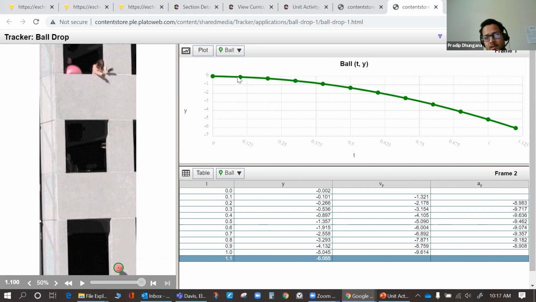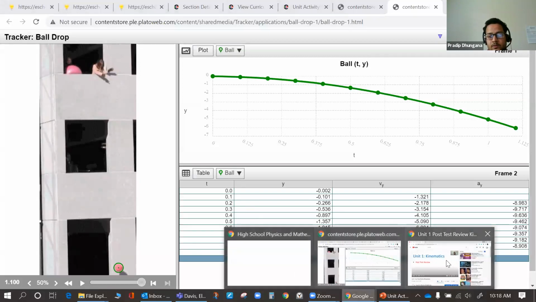You can see that from the Y versus T graph, as time is increasing, your vertical displacement is decreasing, and from the shape of the graph, you can think this is a parabolic graph. Parabolic graph.